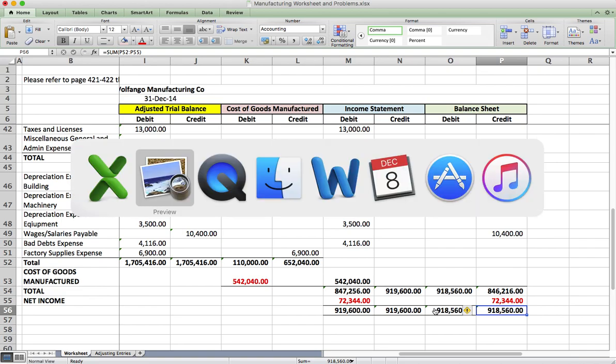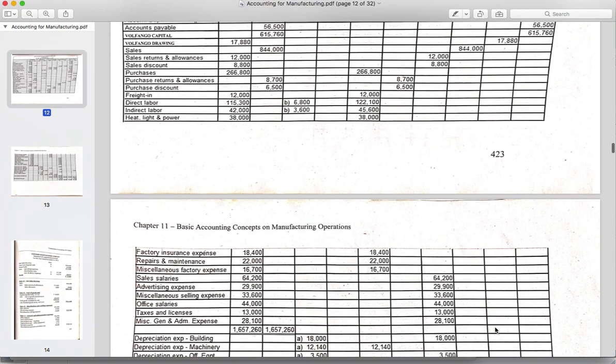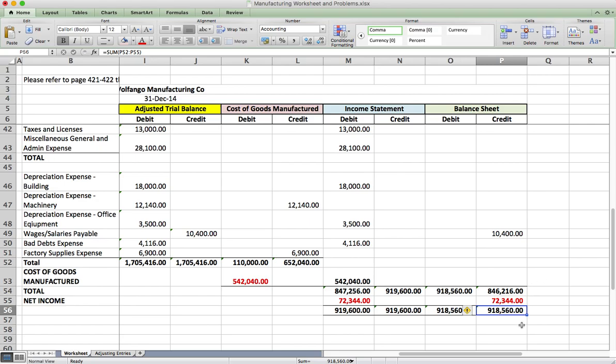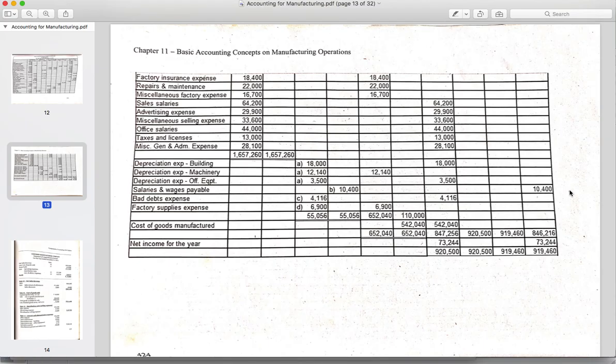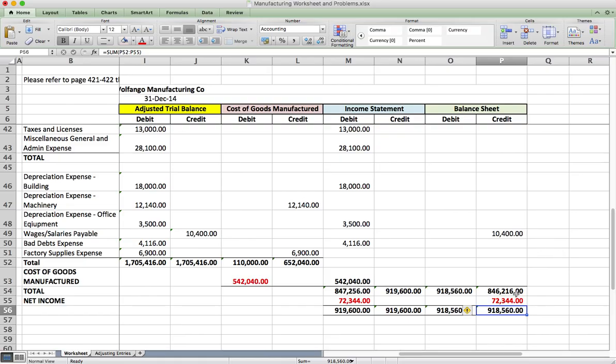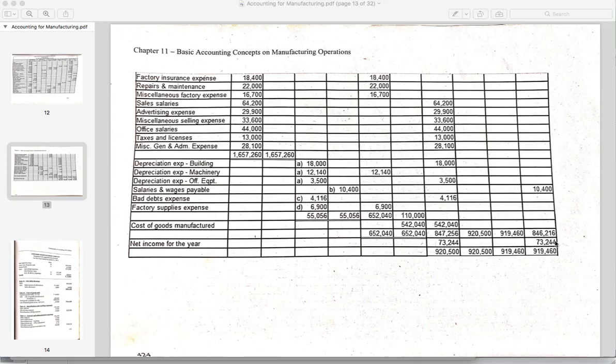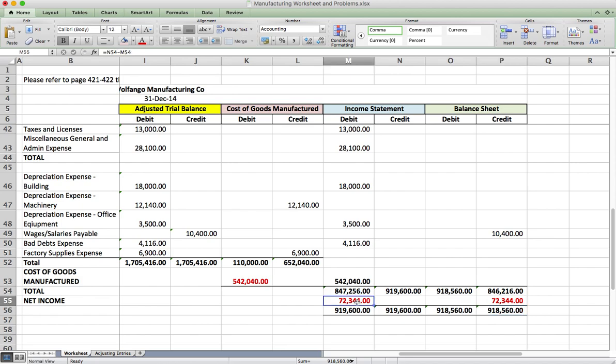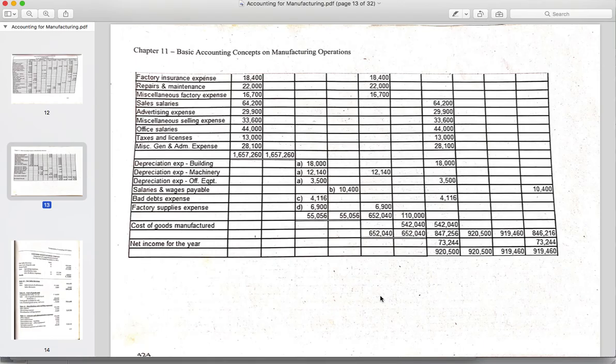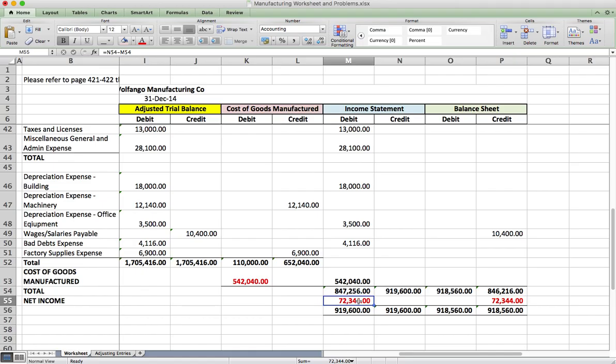Let's check if it's tied up with the book. Hindi siya tied up. Bakit? 846,216. Tama naman. 73,244. Mali. 847,256. 919,600.